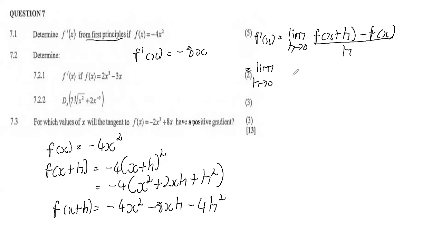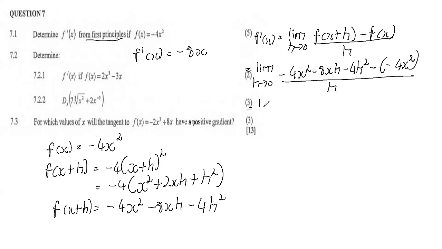Instead of trying to solve all of this here, you do it by the side, and now you are just substituting the expressions. So now we have negative 4x squared minus 8xh minus 4h squared minus negative 4x squared over h, and then we have the limit as h approaches 0.